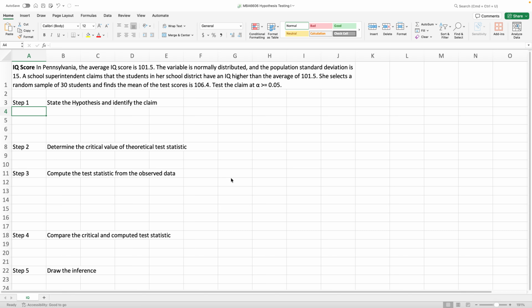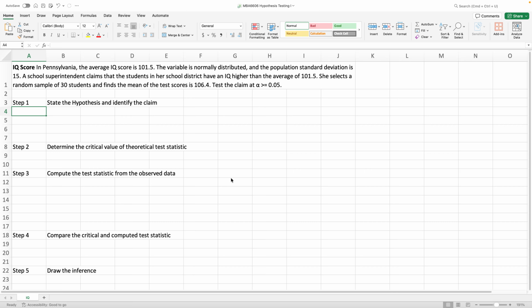So we know that the average IQ of the state of Pennsylvania is 101.5, but the superintendent believes that the IQ is higher than 101.5 and she wants to check. For that, she collects a sample of 30 students and finds that the score is 106.4.